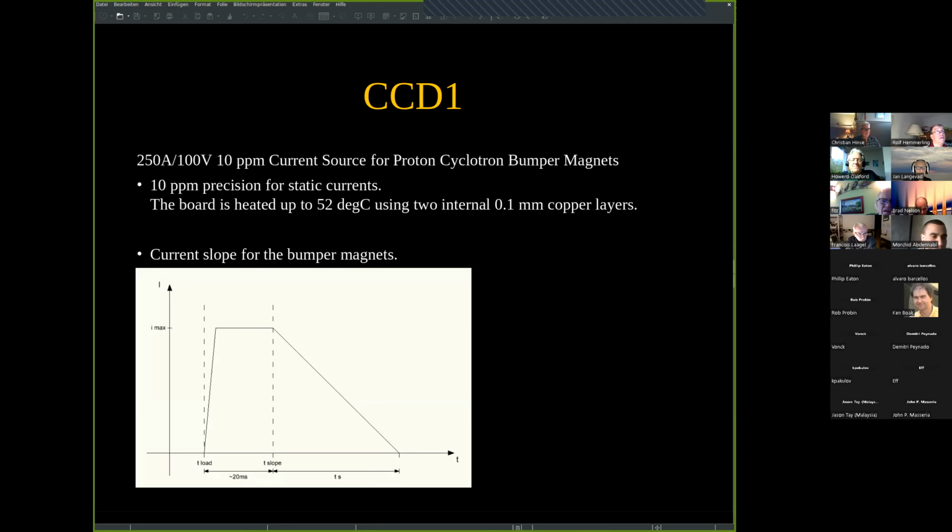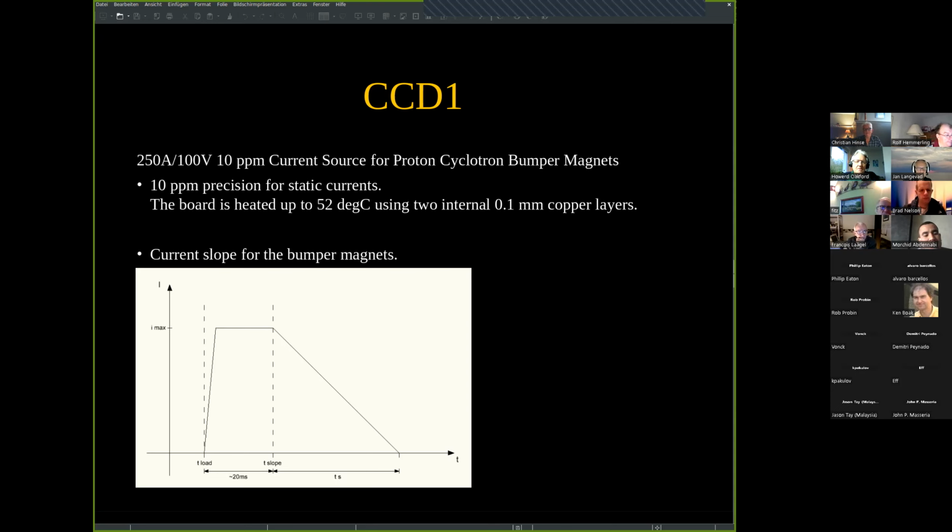Especially since the 10 ppm precision had to be maintained down to a static DC level. And this is something that will be destroyed by the temperature coefficients of the involved operational amplifiers.